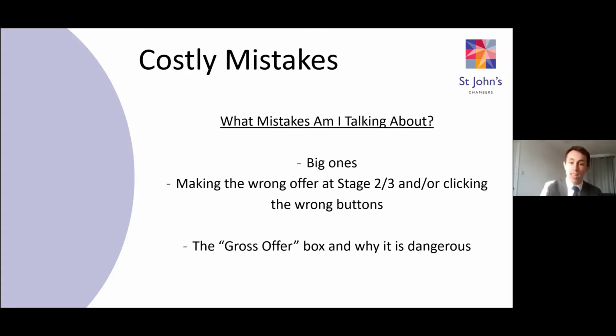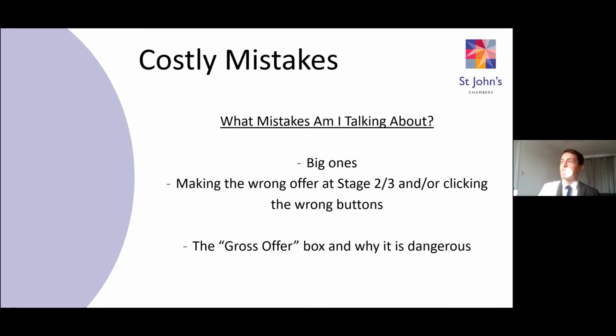It was my intention on the next slide to have a picture of the stage 2 settlement pack. I assume, though, that anyone who's worked with it knows what I'm talking about. What we've got is a series of boxes where you can input what your claims are, or your counter offers, for various heads of loss, including medical expenses, personal injury, etc. Further down the page, it gives you the option to make a gross offer.